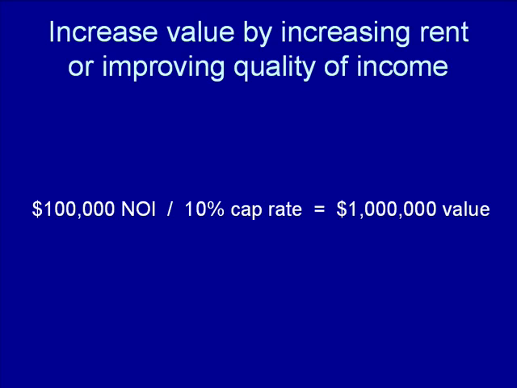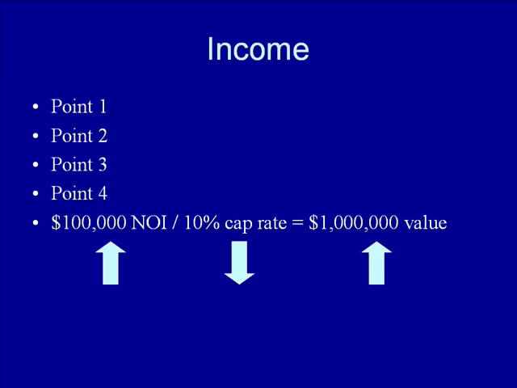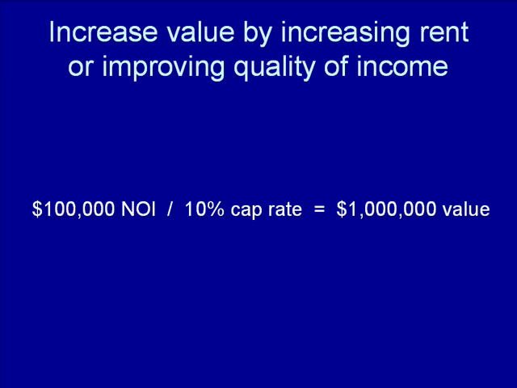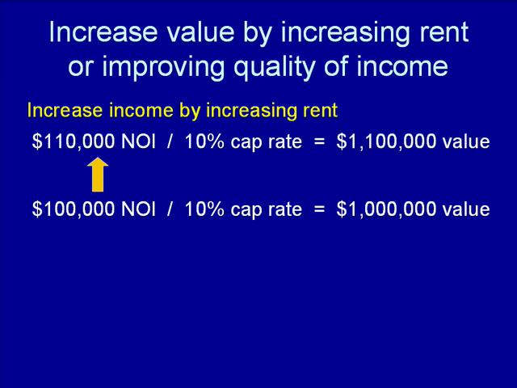There are two basic ways that we can do it. The first way is to increase the income by increasing the rent. So if we increase our rent, then we increase our net operating income. So let's take a look at that. If we increase the net operating income by increasing our rent to $110,000, then we keep the same cap rate because the rent hasn't changed in terms of who it's coming from, so the quality hasn't changed.